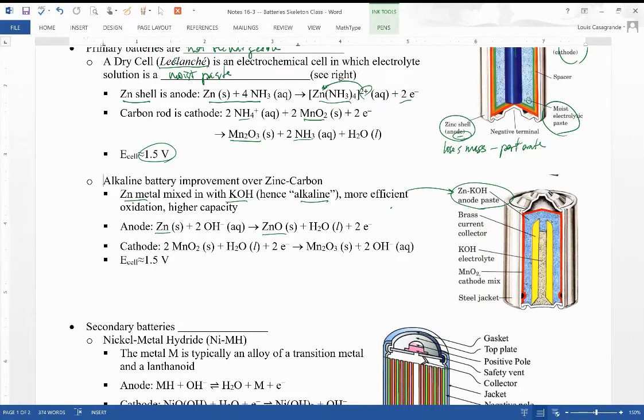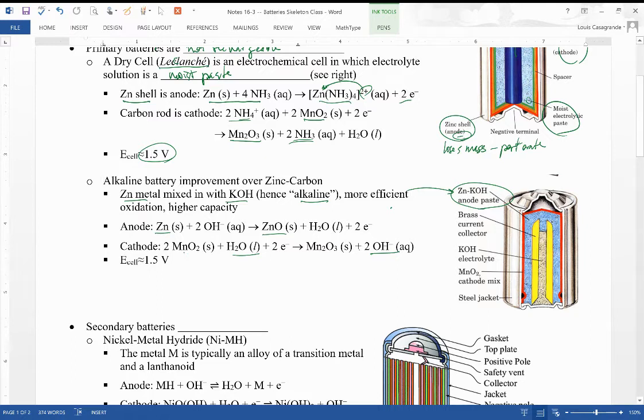The same basic reaction, instead of the ammonium and the ammonia, we now have water and hydroxide as the acid and the base involved in here. Look at that, acid and base chemistry in batteries. How about that?